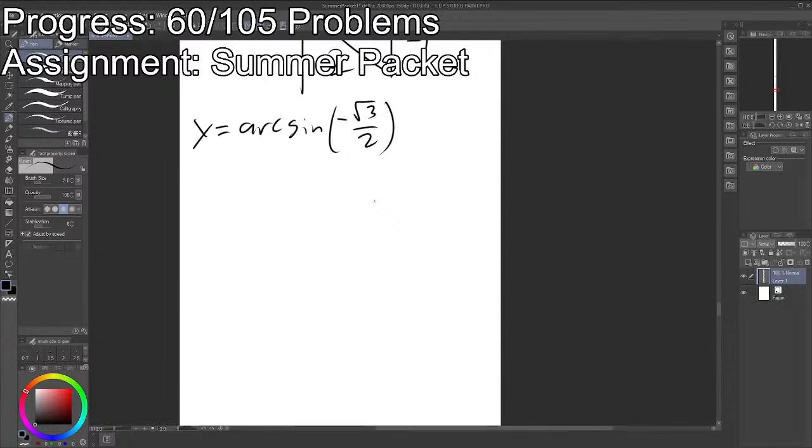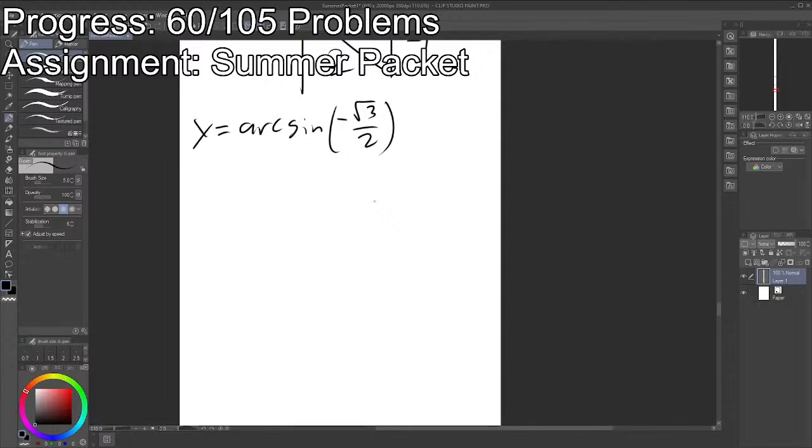What would that be on the unit circle? 2 pi over 3 maybe? No. Oh, pi over 2? No, probably not. No. Is it pi over 3?